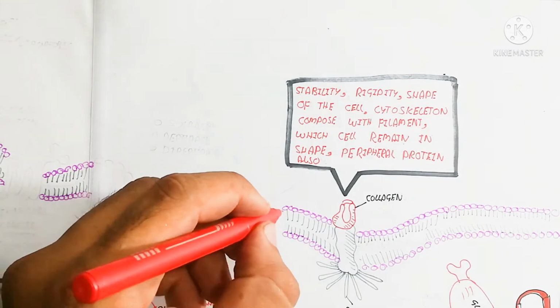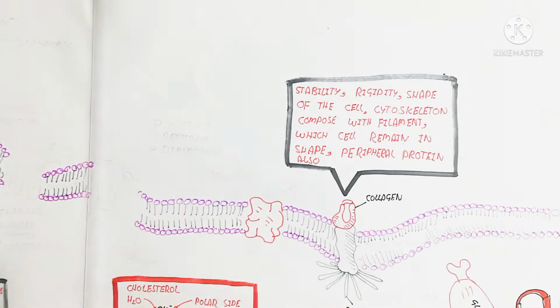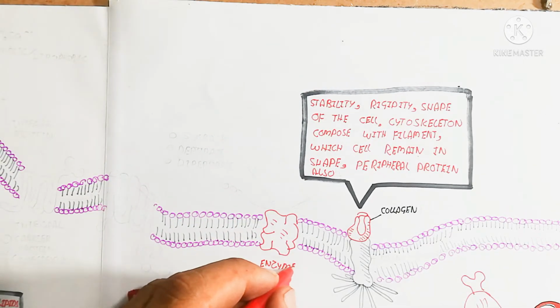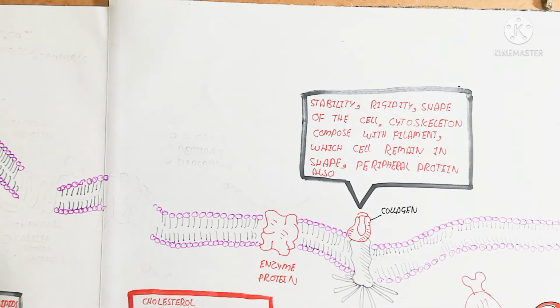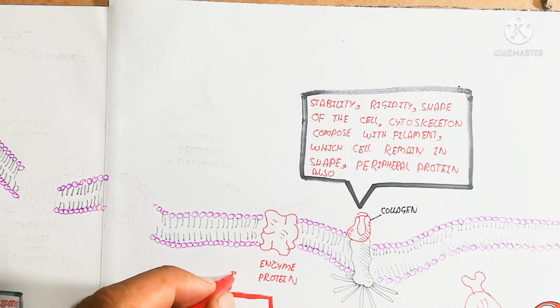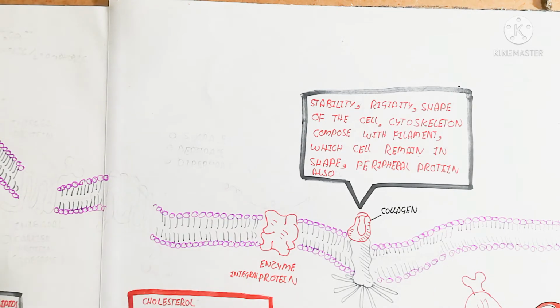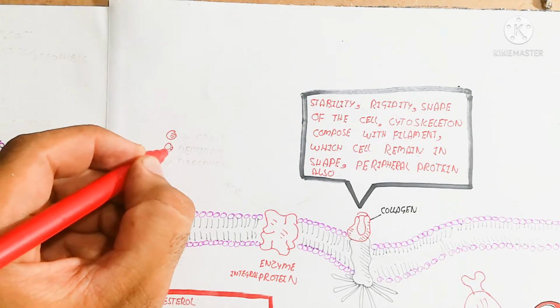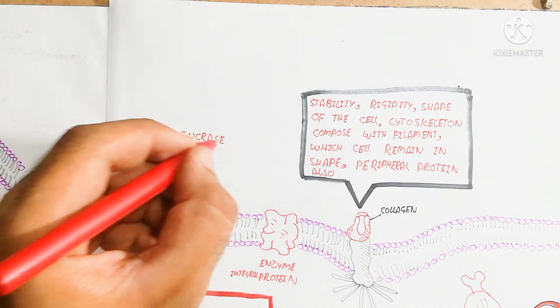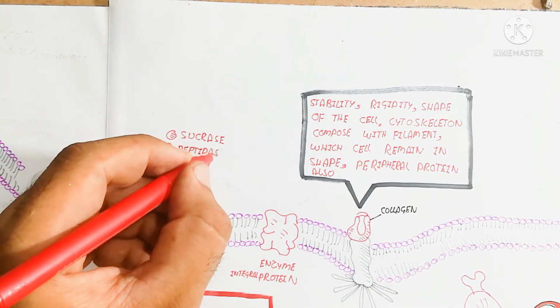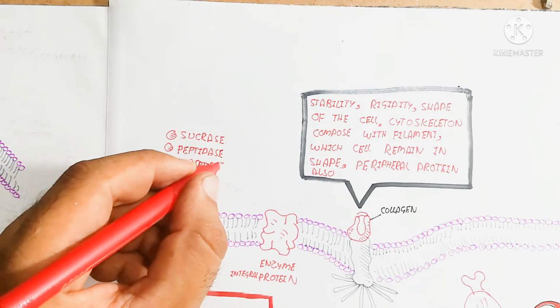So that is the evolutionary process. So stability, rigidity, and shape of the cell: the cytoskeleton is composed of filaments which help it remain in shape, and the peripheral protein also provides rigidity as well as structure.